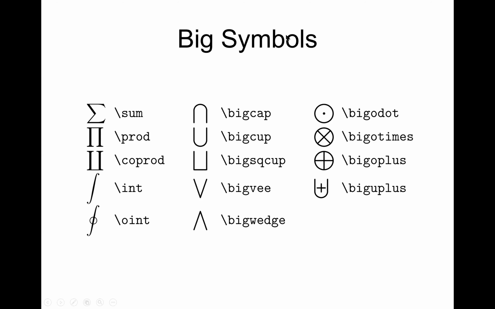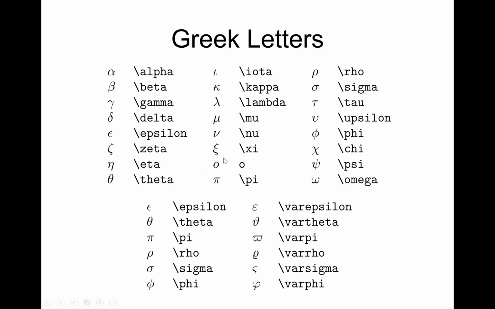Symbols like the summation, the product, integral, all those things can also be typed this way. And the Greek letters, like alpha, beta, gamma, delta, epsilon, theta, and all that.